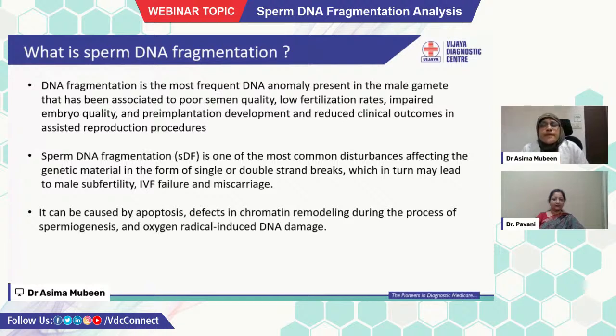It is the most common disturbance affecting the genetic material in the form of single or double-stranded breaks, which in turn may lead to male subfertility, IVF failure, and miscarriage. It can be caused by apoptosis, defects in chromatin remodeling during the process of spermiogenesis, and oxygen-induced radical DNA damage.